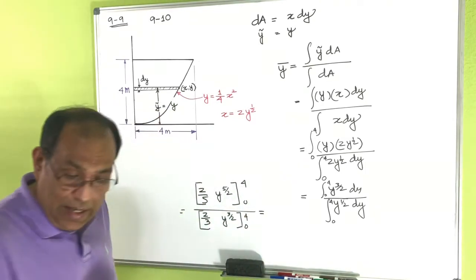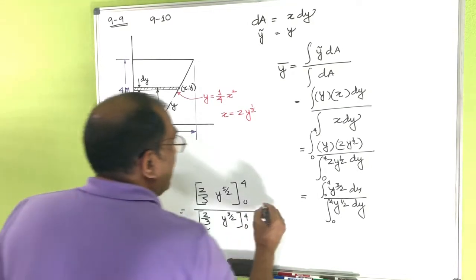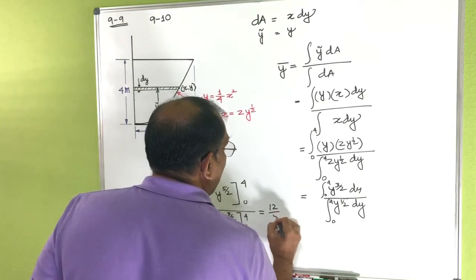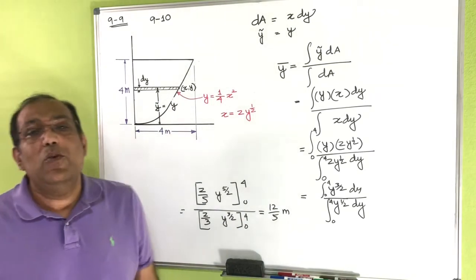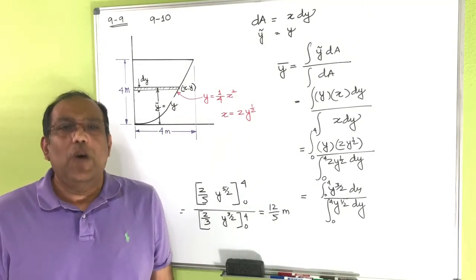That's basically 12 by 5 meter. Okay, that's the way you can find the y bar here too.